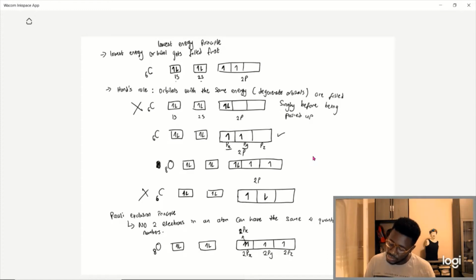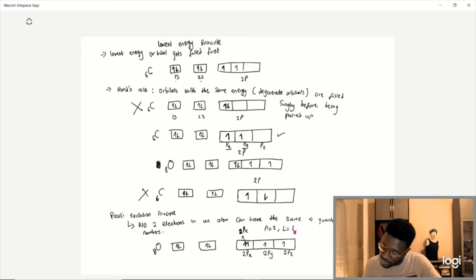It has 2. This 2 signifies the principal quantum number. So n is equal to 2 for this electron. And p means L is equal to 1, because L is the orbital shape quantum number. Since it's p, L is equal to 1. And then the orientation.